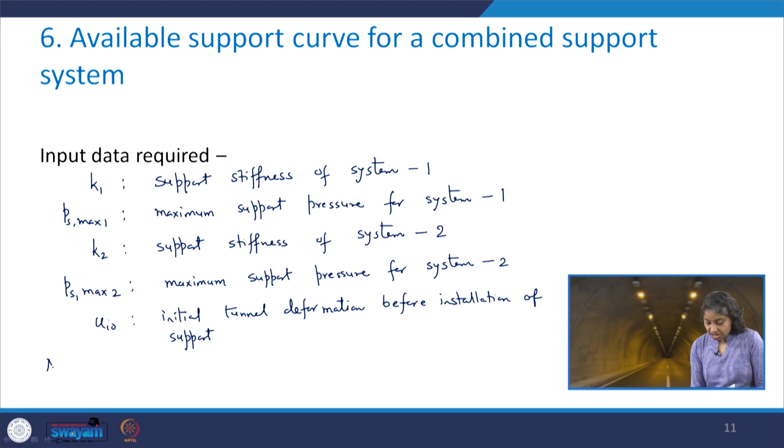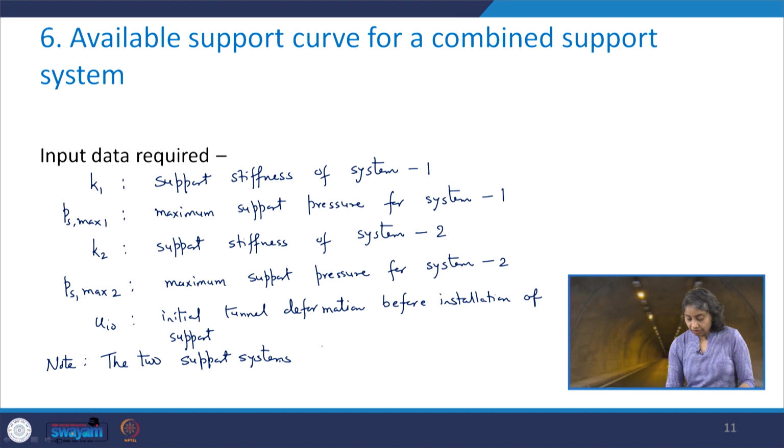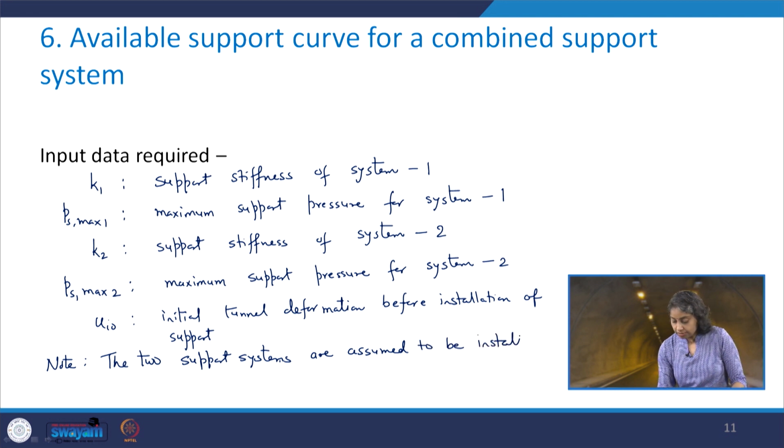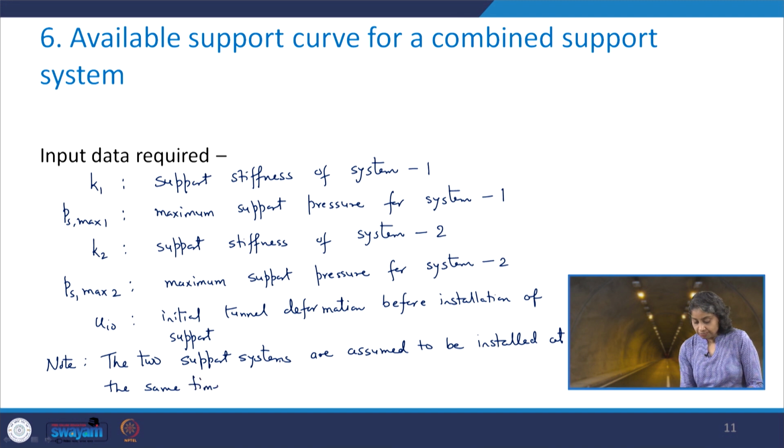So, here we need to take note of the fact that the two support systems are assumed to be installed at the same time, and they also respond simultaneously to the deformations.